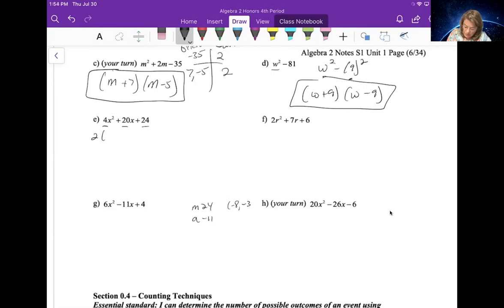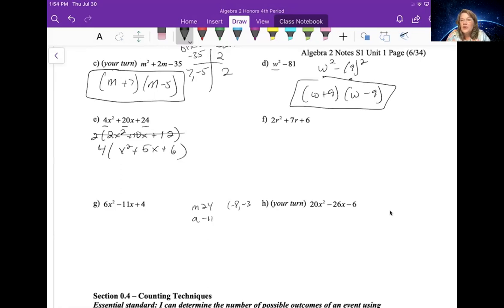So let's pull a 2 out of all of this. Did I pull out enough? I could have pulled out a 4. So let's pull out a 4, x squared plus 5x plus 6.